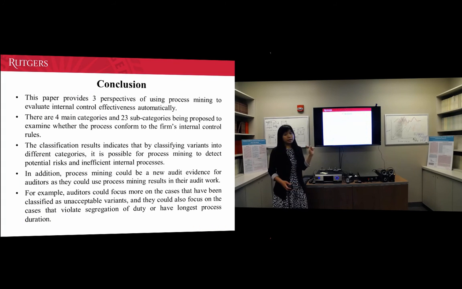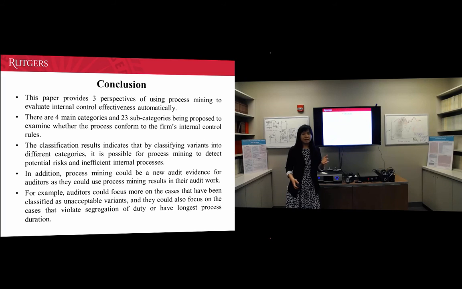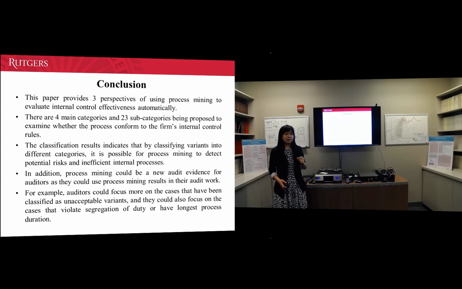So in conclusion, in our paper, we provide 3 perspectives on how to use process mining techniques to analyze the internal control effectiveness automatically. For the main analysis, we conduct 4 main categories and 23 subcategories based on our data set. And our results show that by classifying the variants into different categories, it allows auditors to detect potential risk or inefficient internal processes.